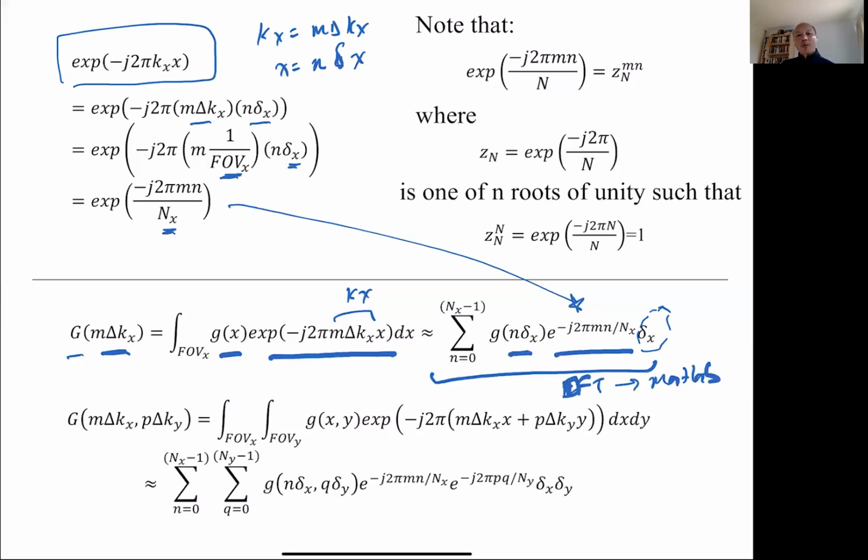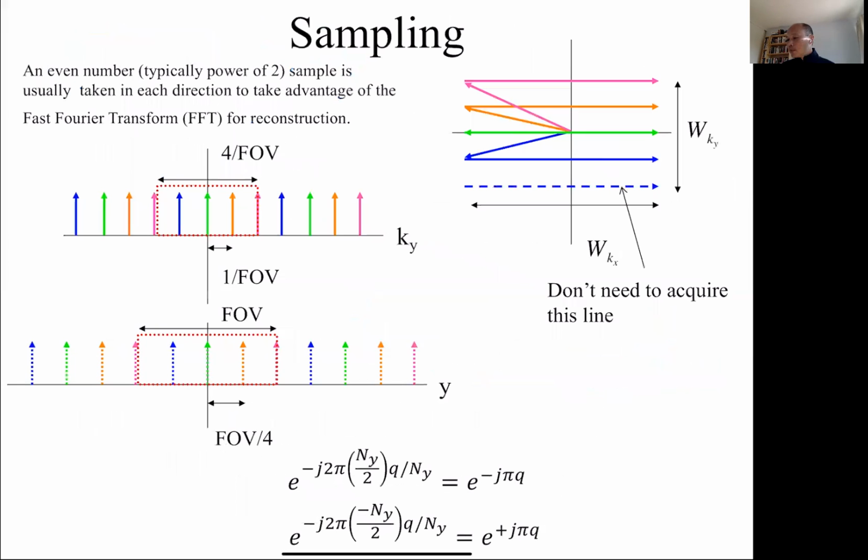Okay, so that's one way of looking at going from what we've been talking about, real objects, into what happens when we actually have discrete objects. What do we do there? One of the consequences of that is that typically when we do MR, at least traditionally, and it still holds to this day, we typically use a power of 2 or an even number of samples.